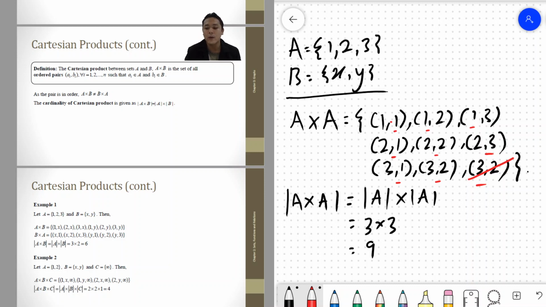So right now, I actually only have 8 distinct ordered pairs, although in the previous solution I wrote 9. So please be careful. This is a common mistake by my students. The one that is left is actually (3, 3). Now you clearly have 9 distinct ordered pairs, then your answer will be correct.